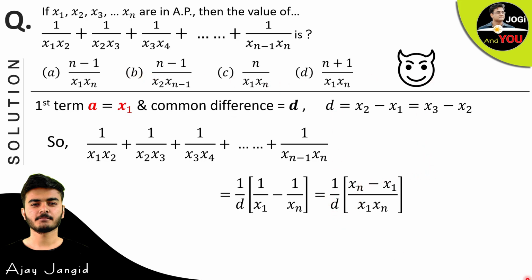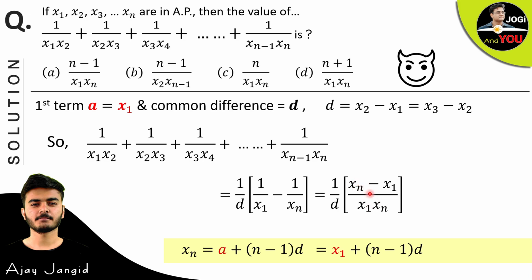So what will we do for that? This xn is the nth term of AP and we know the formula of nth term which is xn is equal to a plus in bracket n minus 1 d. This a is the first term and first term a is equal to x1. So by replacing it with x1, our formula will be x1 plus n minus 1 d.